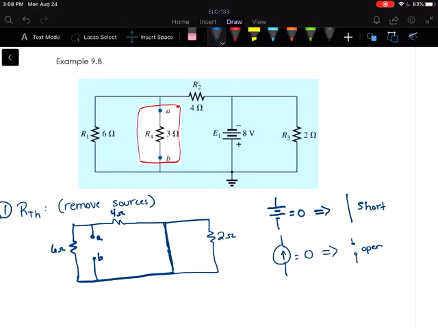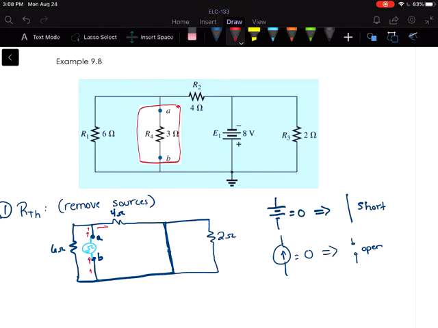Now, again, this is where it really comes in handy to understand that we're looking right here at these terminals, A and B. So if I put my ohm meter here, right at A and B, and remember, it's going to put a little bit of current into the circuit and expect that current to come back.